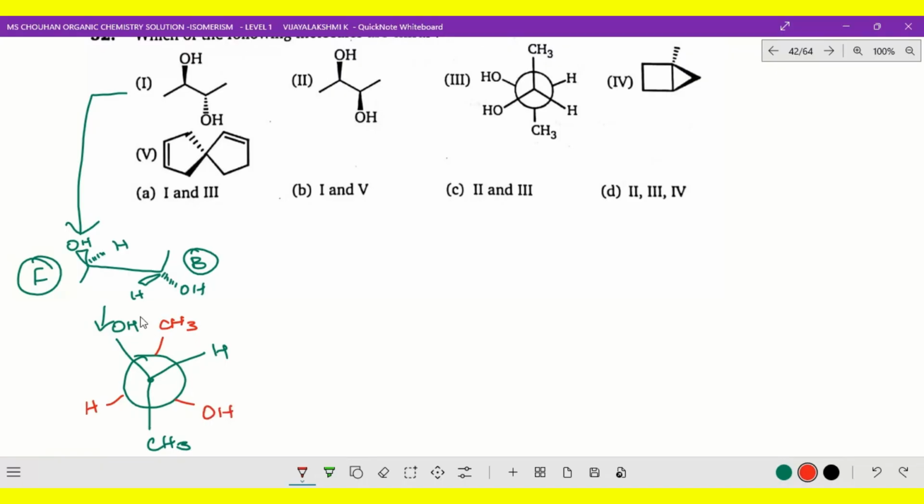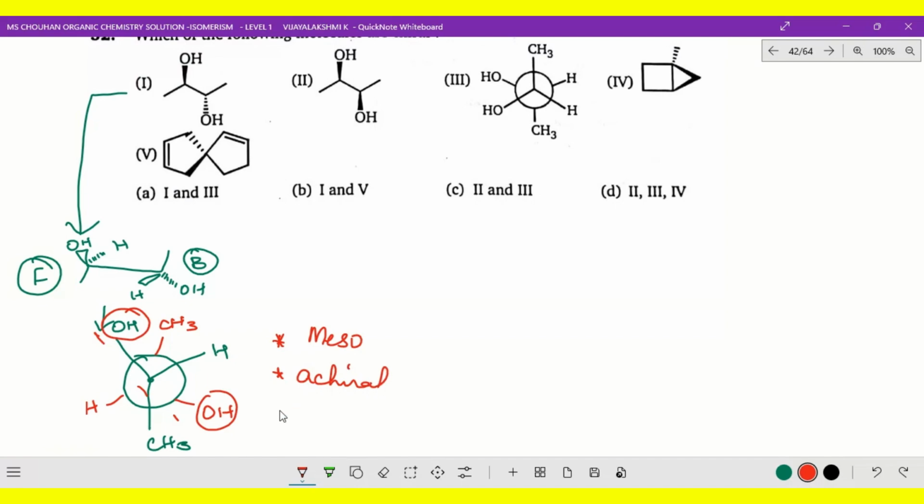So this OH and this OH, it is COS, center of symmetry. COS is present, which means here it is meso. The first compound is meso. Meso means, the main point you have to identify, it's achiral.